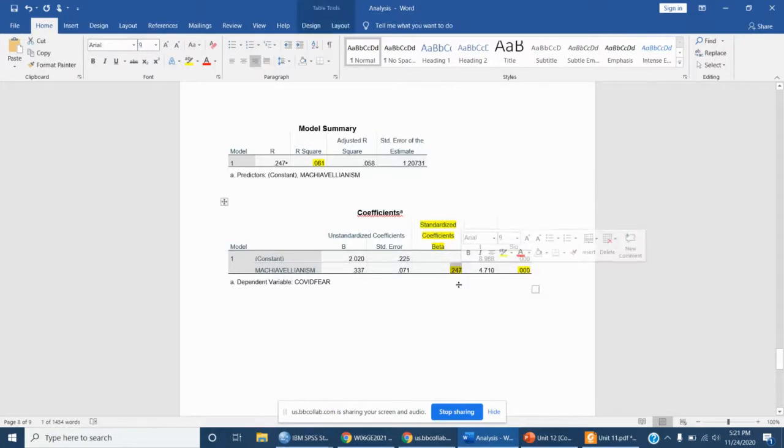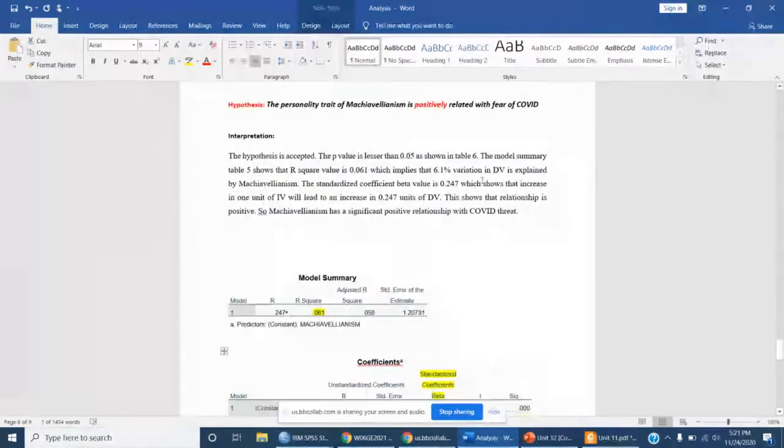The standardized coefficient beta value is 0.247, which shows that an increase of 1 unit of IV will lead to an increase of 0.247 units of DV. This shows that the relationship is positive. Although IV and DV are not moving in the same proportion, if IV increases by 1 unit, the DV will increase by 0.24 units.